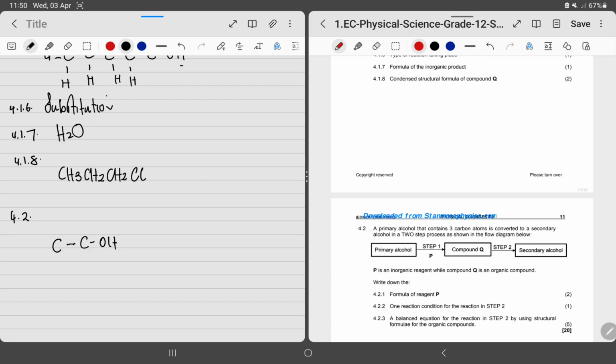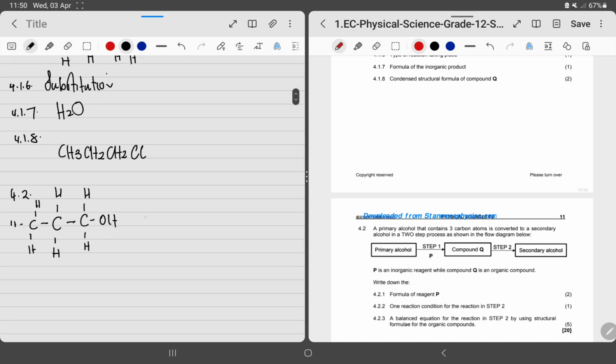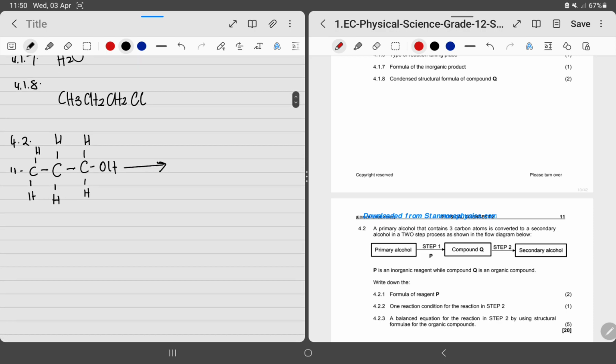And they told me that I must have 3 carbon atoms, so I'm going to have another carbon. So this is the primary alcohol they are talking about. And then I need to have step 1 in which I produce compound Q, and then step 2 in which I produce a secondary alcohol.